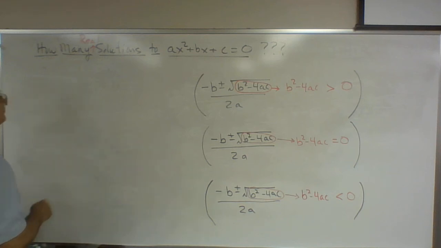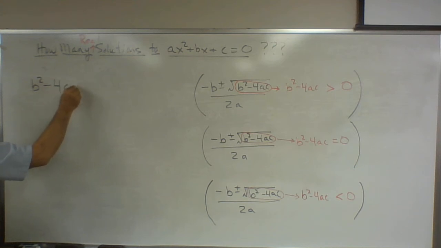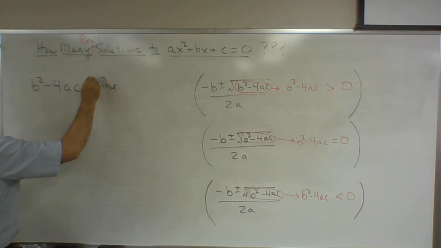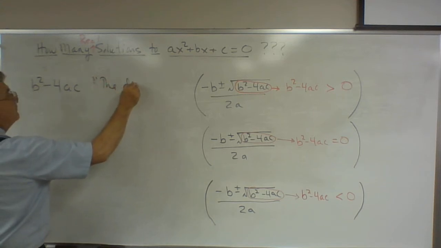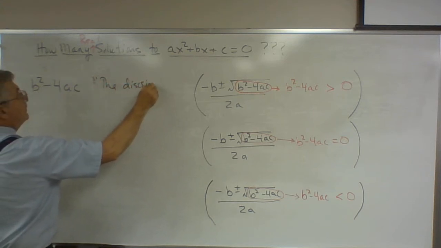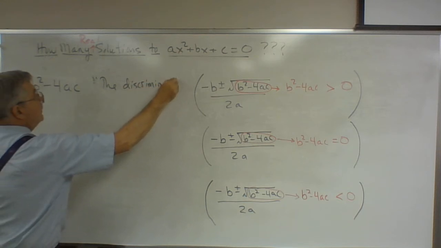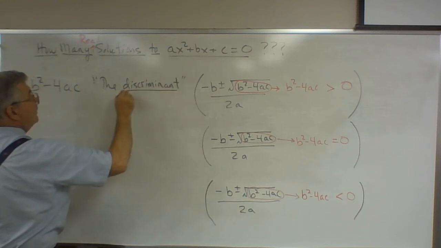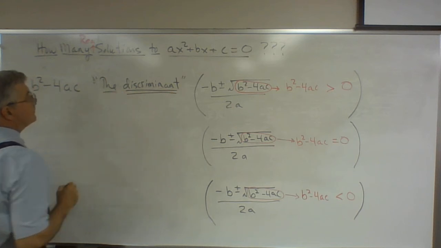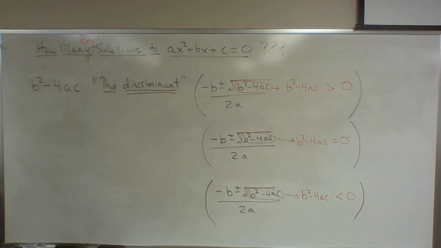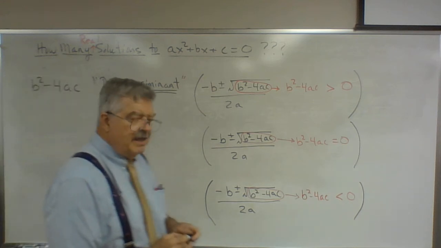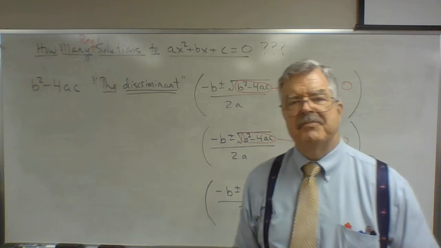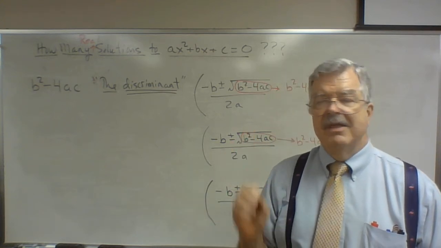It calls the expression b squared minus 4ac the discriminant, and I guess they call this thing the discriminant because it distinguishes the three cases.